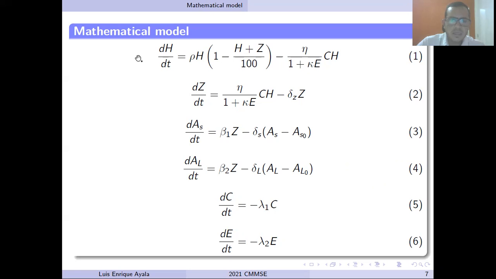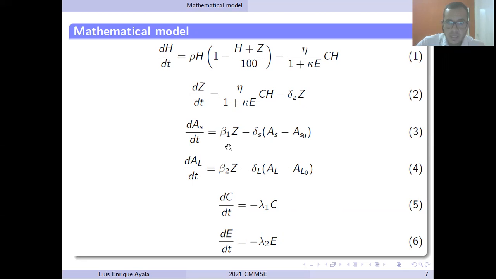Equation 1 corresponds to the healthy hepatocytes. This term is the production, and this term corresponds to the healthy hepatocytes damaged by the carbon tetrachloride. Equation 2 is the damaged hepatocytes, and equations 3 and 4 are the AST and ALT levels.